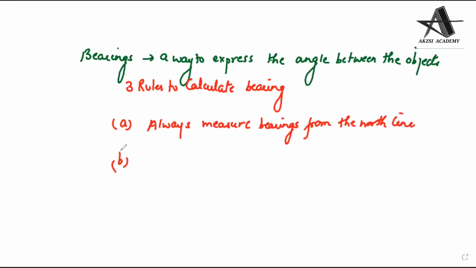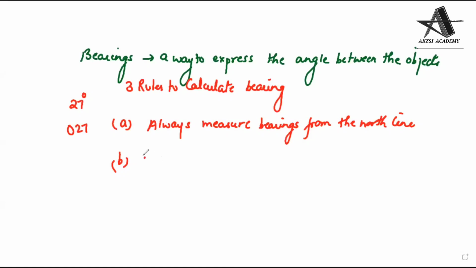Second, your answer should be expressed in three significant figures. Suppose you calculated it as 27 degrees. You are not supposed to write it as 27. It should be in three significant figures, so your answer should be 0 2 7. And even when we read it, we don't say 0.27, we read it as 0 2 7 degrees.